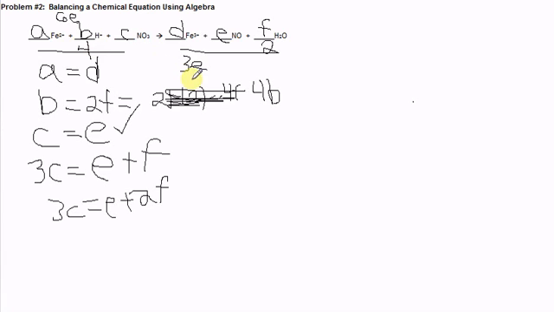So in order to obtain 12 electrons on both sides, we would do 4 Fe's. 4 Fe's will give you a total of 4 times 3, which equals 12 E's for your products.